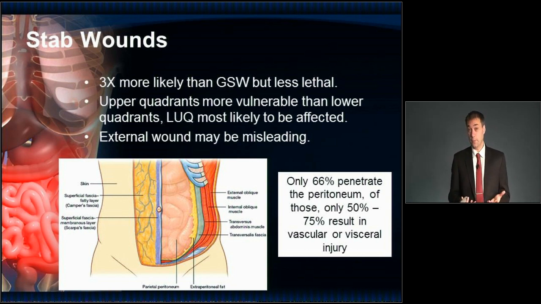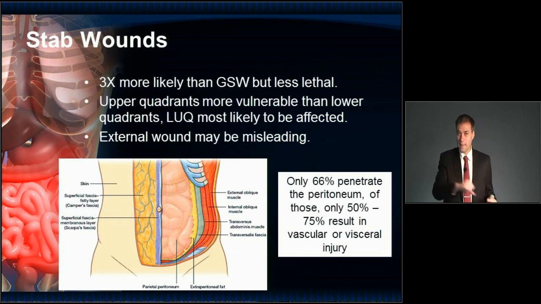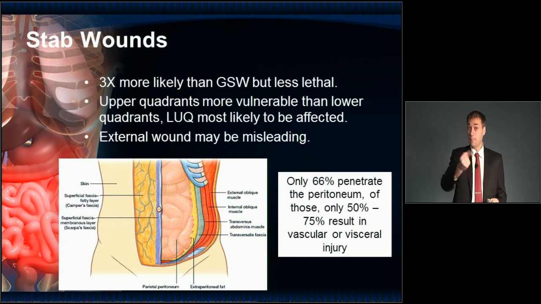The external wound of a stab wound can be very misleading. When the stab is done, if the patient or the assailant were to move when the knife is in, the blade may go up and down and cause significant underlying trauma but leave you with a very small surface wound. At other times, the knife may go in and leave a nasty gouge, but it may push everything back and not puncture it.